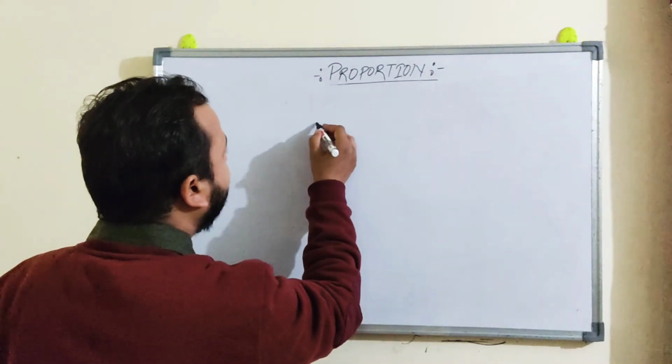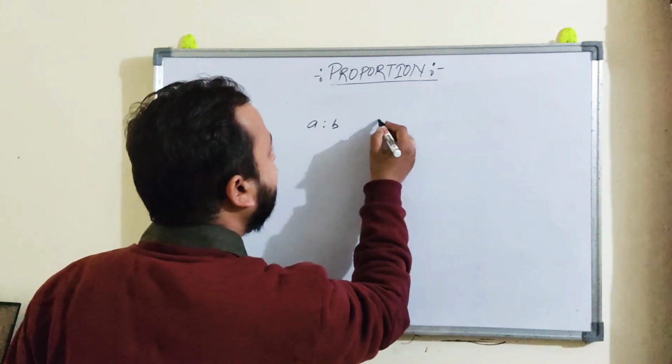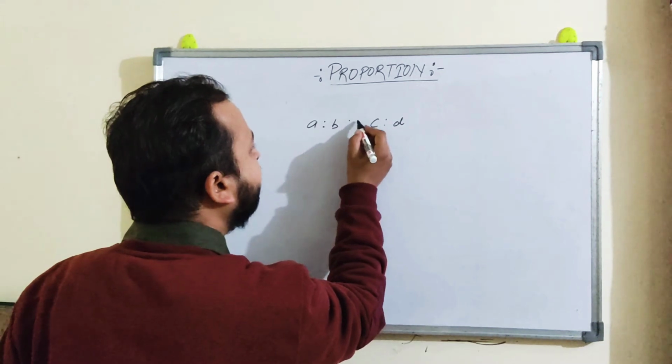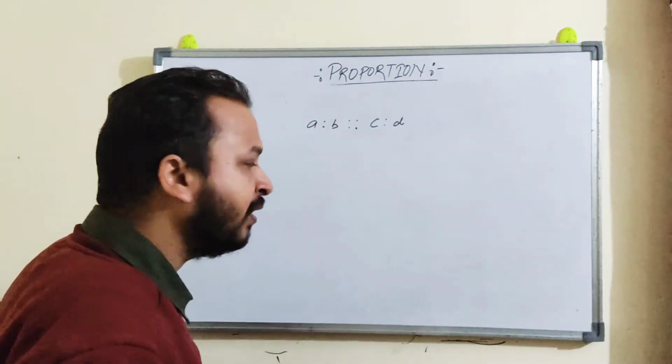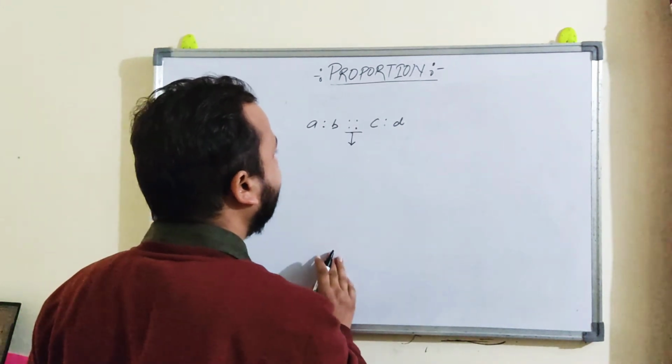So suppose one ratio is A is to B, second ratio is C is to D. If they are in proportion, we put the proportionality sign, and this is known as the proportionality sign.